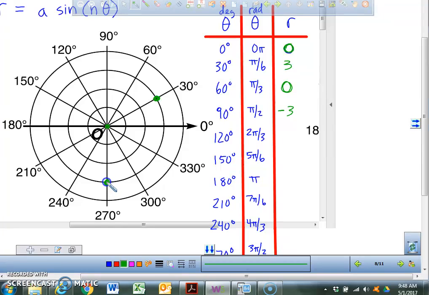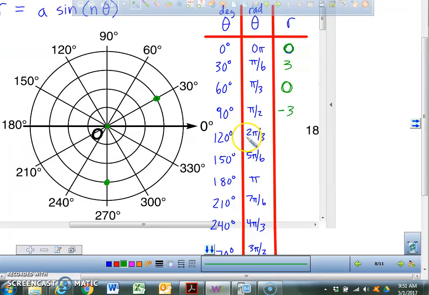It's going to be a pattern, and once we get to 180 degrees, we can figure out the pattern. Do we plot the points? Yes. You're going to plot these points like I'm plotting them. So far I've plotted 0, 0, pi over 6, 3, pi over 3, 0, and pi over 2, negative 3. That's what I've plotted so far.